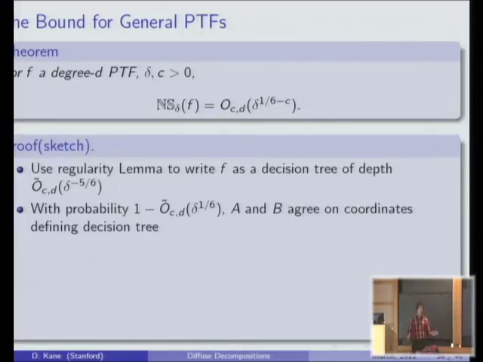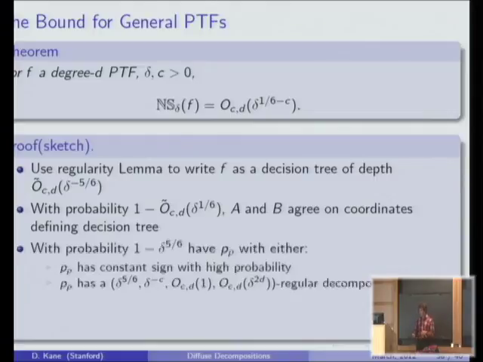Now, if they disagree on this path, we're not going to say anything useful about what's going on. But if they do agree on this path, then we've got this resulting polynomial corresponding to that leaf, and we need to look at the probability that that polynomial differs on a and b. So we need to look at the noise sensitivity of the leaf now.